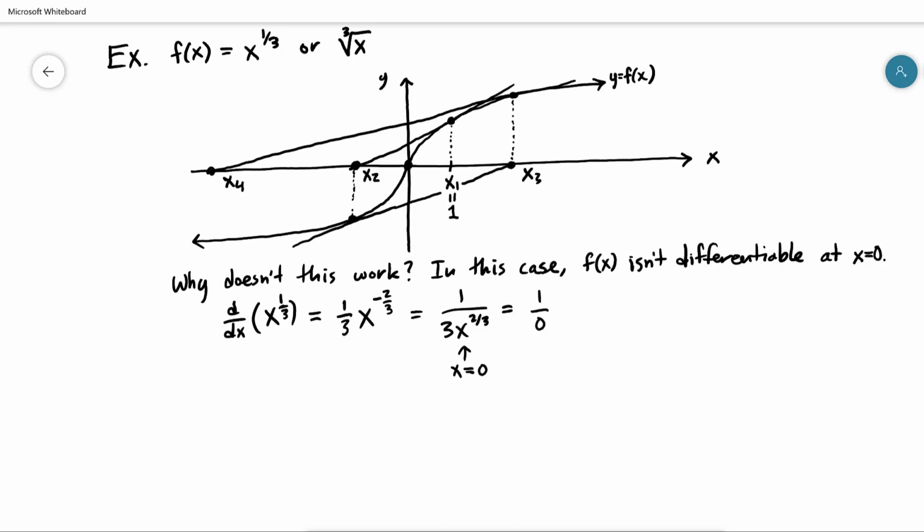So we've got some sort of infinity. It's basically the slope is infinity, so plus or minus infinity, depending on whether that's a tiny positive 0 or a tiny negative 0. So essentially, this is off limits. The derivative does not exist if x equals 0. That's why this particular one failed.